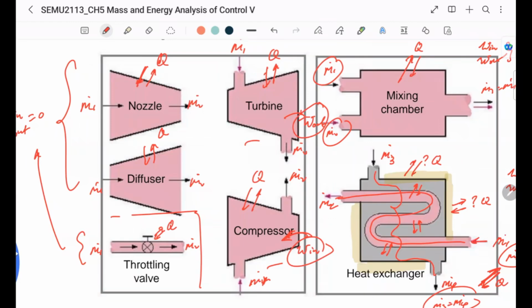Of course, one is positive and one is negative: the compressor consumes work, so work is going in. For the turbine, it extracts work, so work is going out.